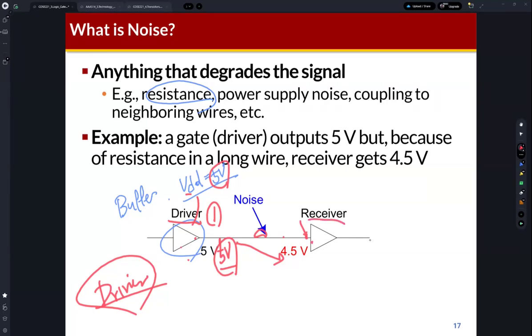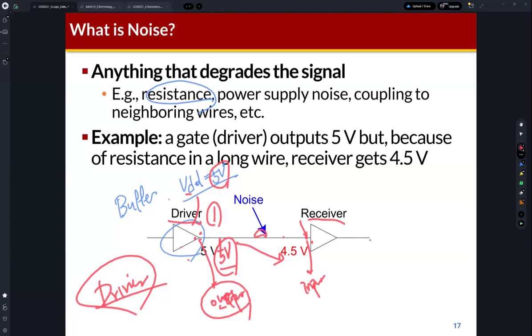This is the input, and this is the output of the component. We can connect the output port of the driver to the input port of the receiver, then the signals can be delivered to the receiver, right?